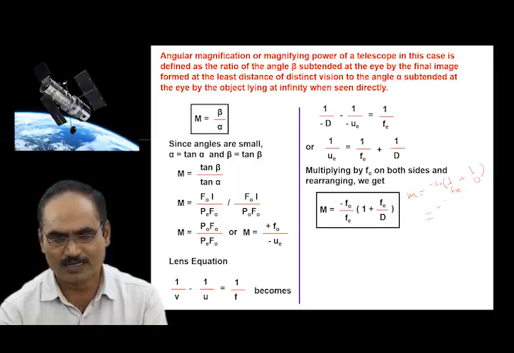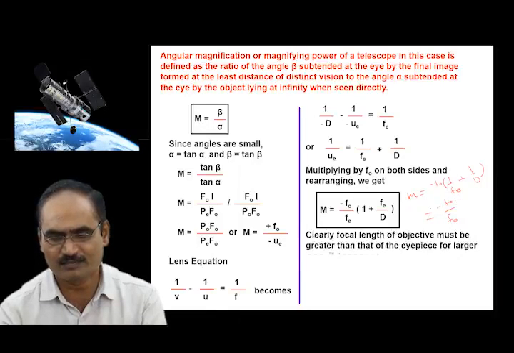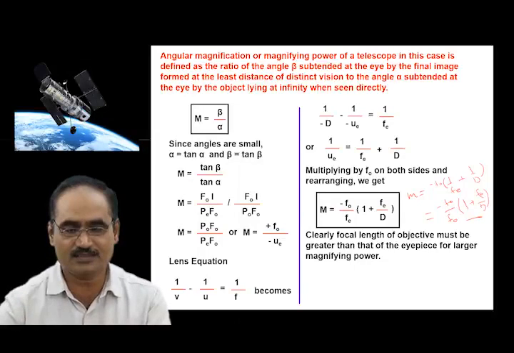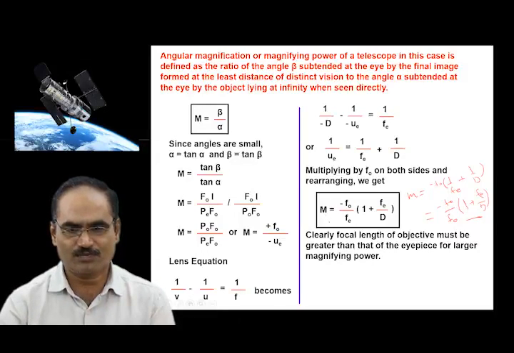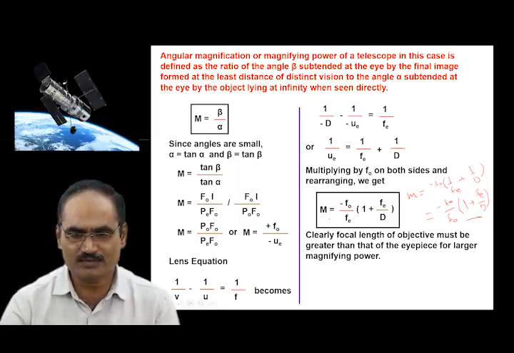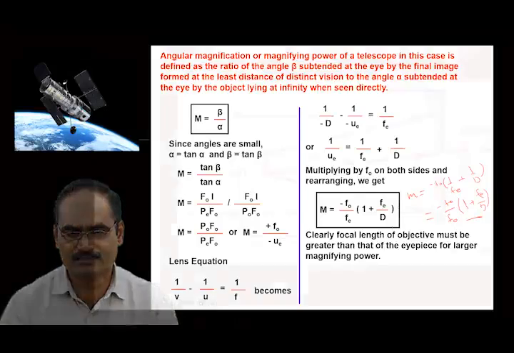That is equal to minus f naught by fe, with fe taken outside. What is left is 1 plus fe by d. So we get the same equation. Therefore, the overall magnification of the telescope is m is equal to minus f naught by fe into 1 plus fe by d.